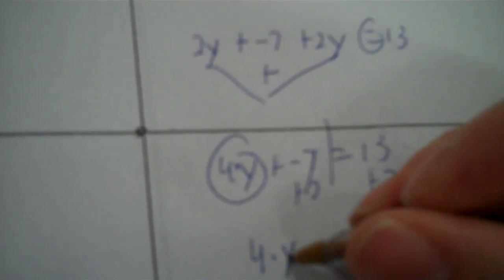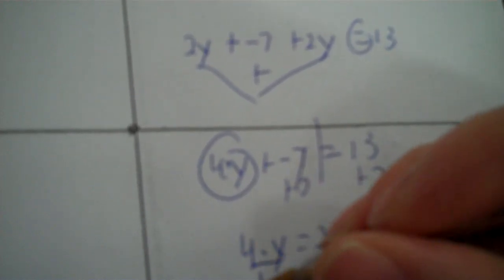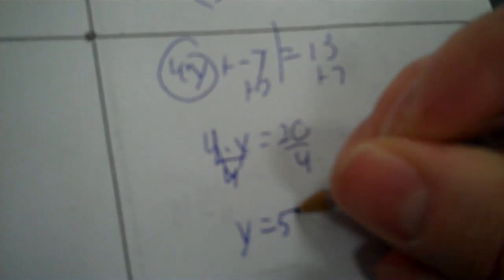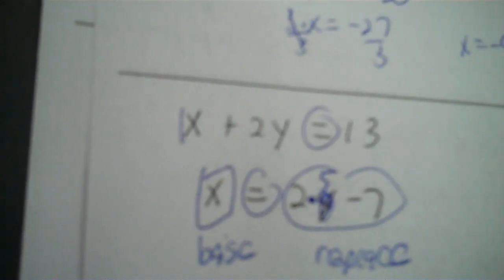You take out your negative 7 by adding it. That makes 20. Divide by 4. 20 divided by 4 is 5, so y is equal to 5. Okay, so now I can find x. 2 times 5 minus 7 is 3. 10 minus 7 is 3.